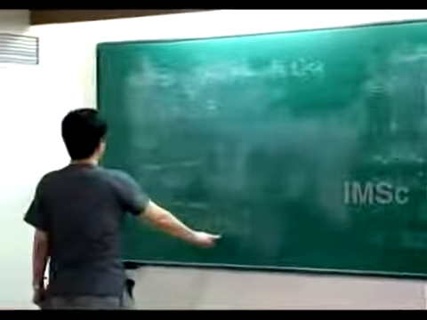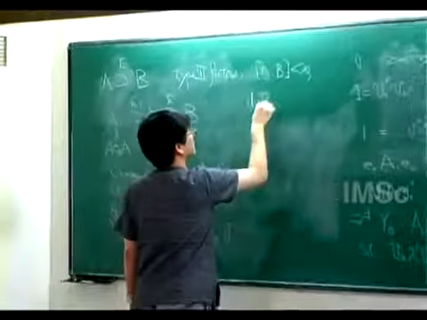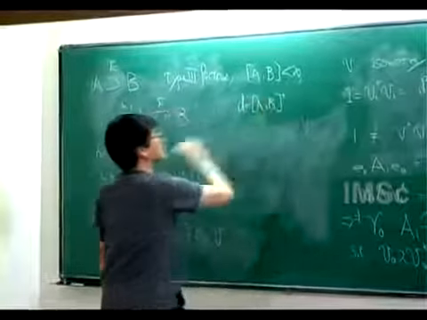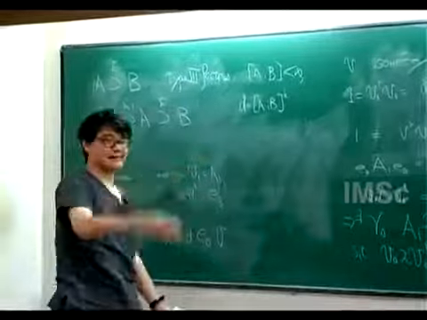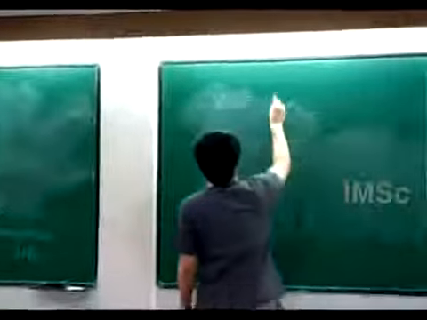Oh, I didn't specify, I'm sorry. I didn't say what this D is. So D is the square root of the index, and it's going to be the dimension function of the canonical endomorphism. So if you apply this, then you get this.